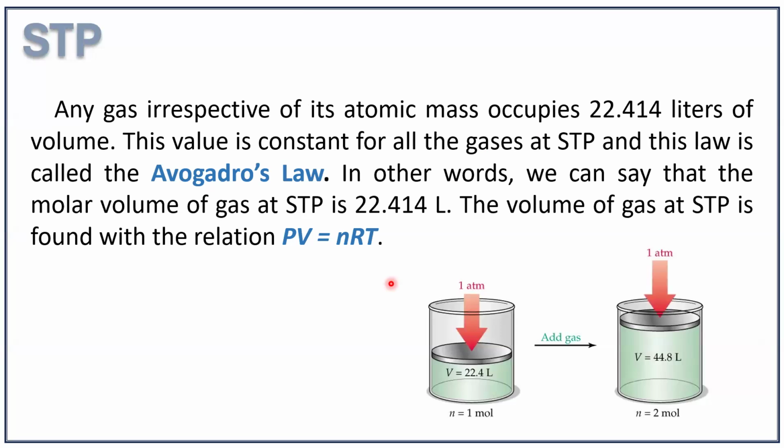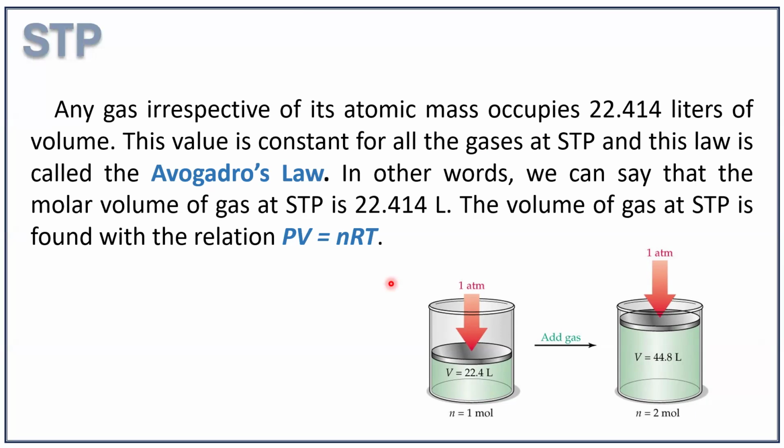Now in gases, any gas, irrespective of its atomic mass, occupies 22.414 liters of volume at STP conditions. That is, if you take 1 mole of any gas, the nature of the gas is irrelevant.